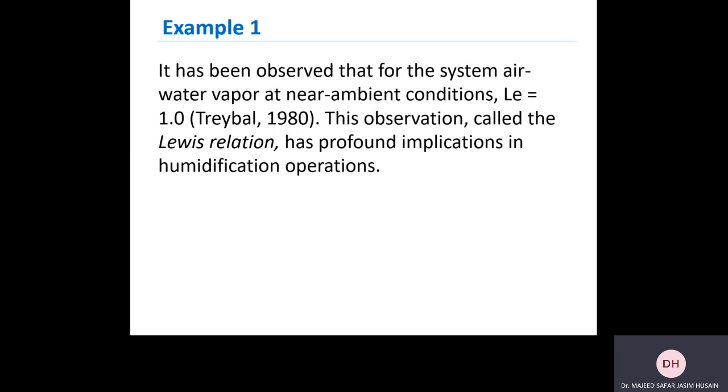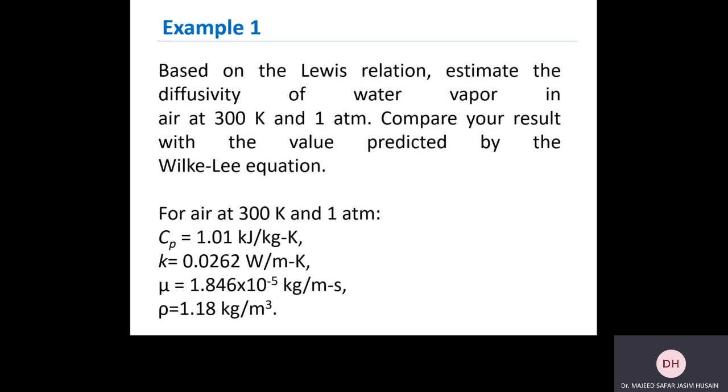This observation is called the Lewis relation, which has profound implications. It's important for the humidification operation. Based on this Lewis relationship, that Lewis is equal to 1, estimate the diffusivity of water vapor in air, DAB, at 300 Kelvin, 1 atmosphere.